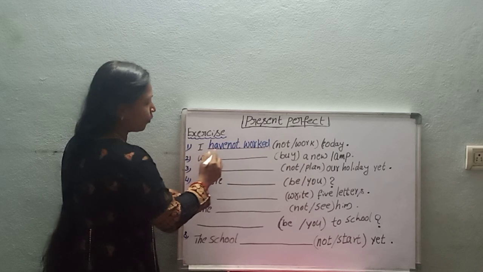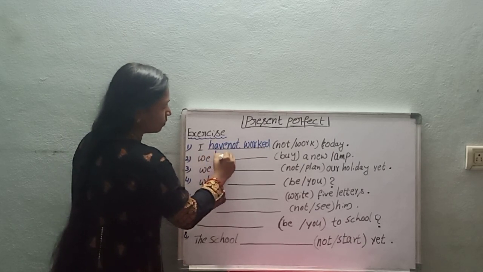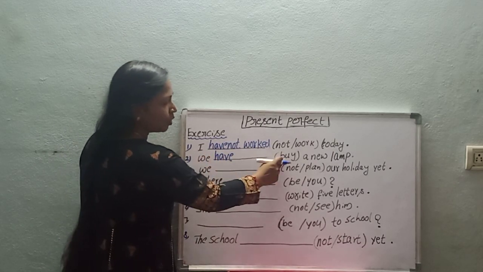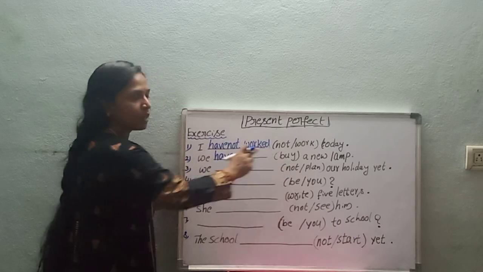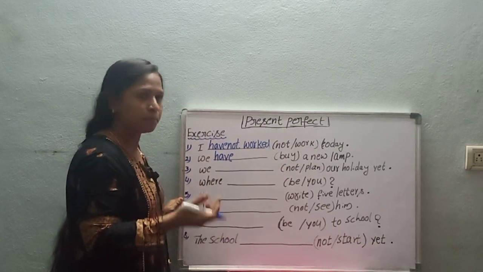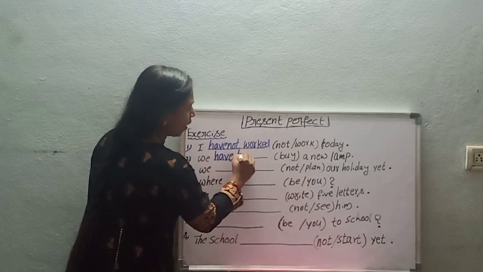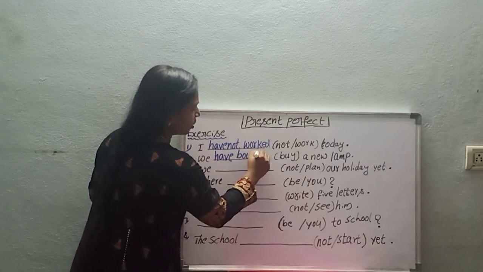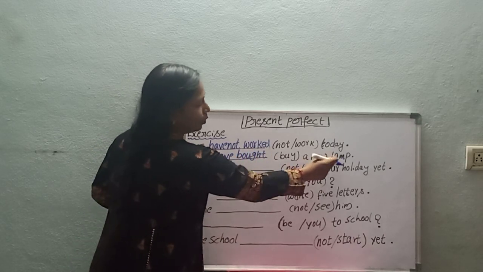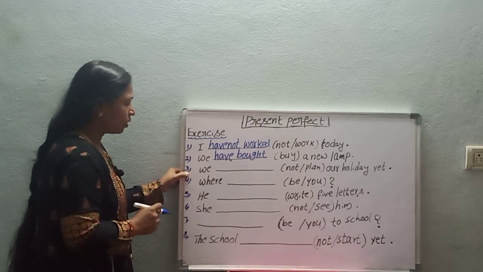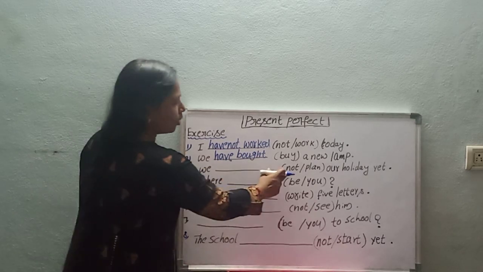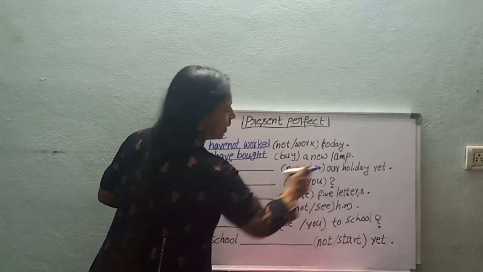So what do we use for we? We have. What is the third form of buy? Buy, bought, bought, buying. So we have bought a new lamp.